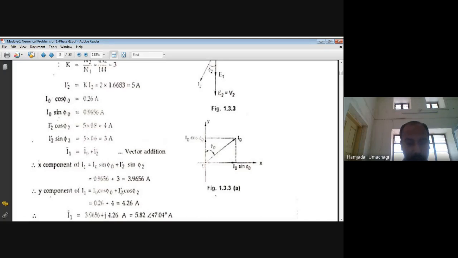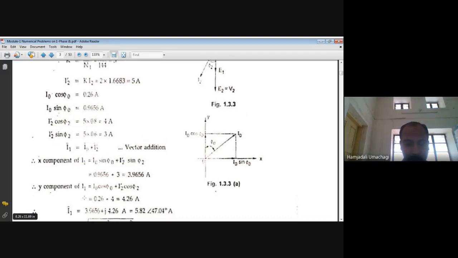I2 dash is 5 ampere into cos phi 2, which is 0.8, directly given. 5 into 0.8 will be 4. So 0.26 plus 4 will be 4.26. This is the answer for the y component of I1.